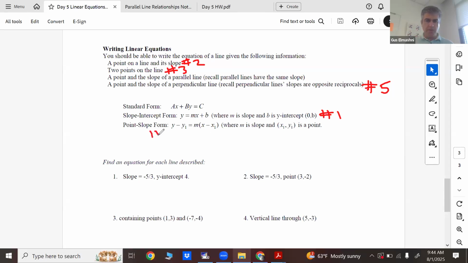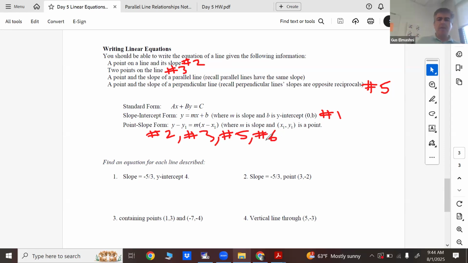Point slope form, we'll do it for number 2, number 3. Number 4 is going to be kind of weird. Number 5 and number 6. We actually can go through the first couple together.